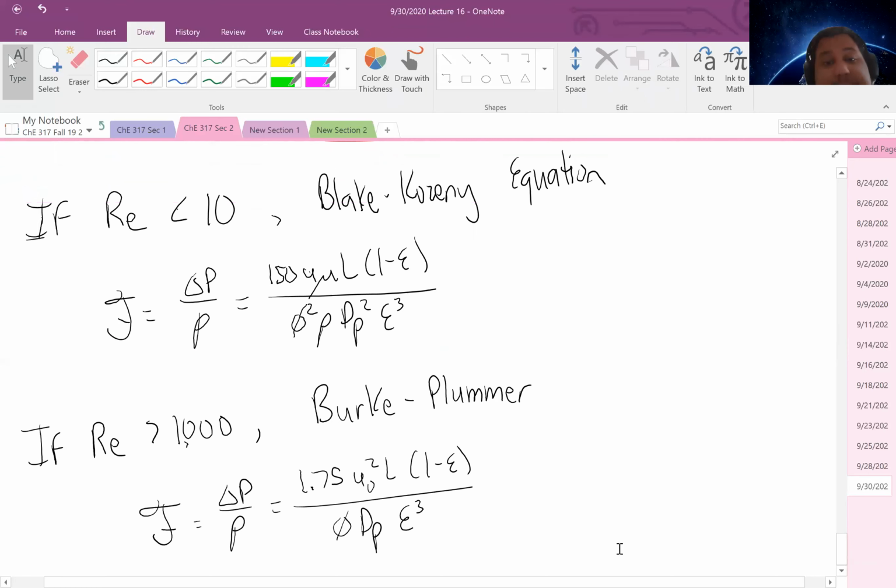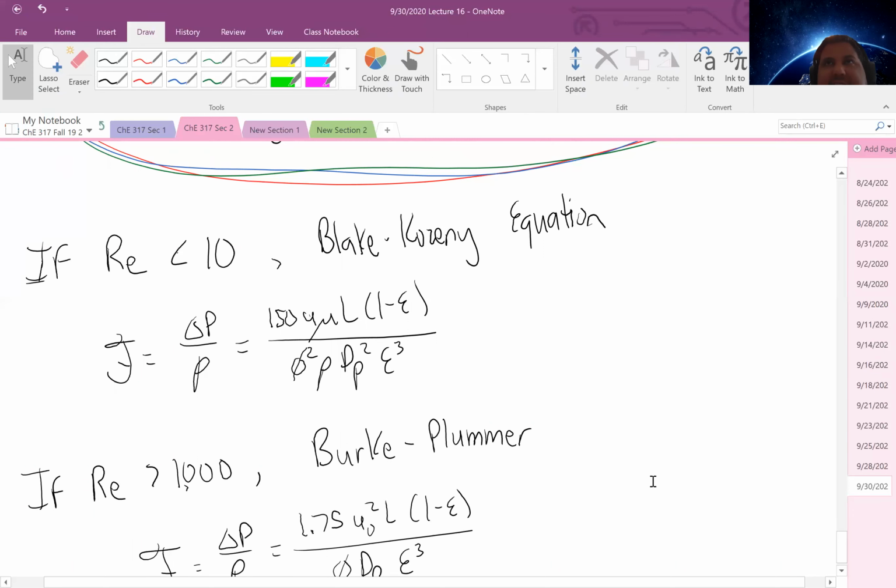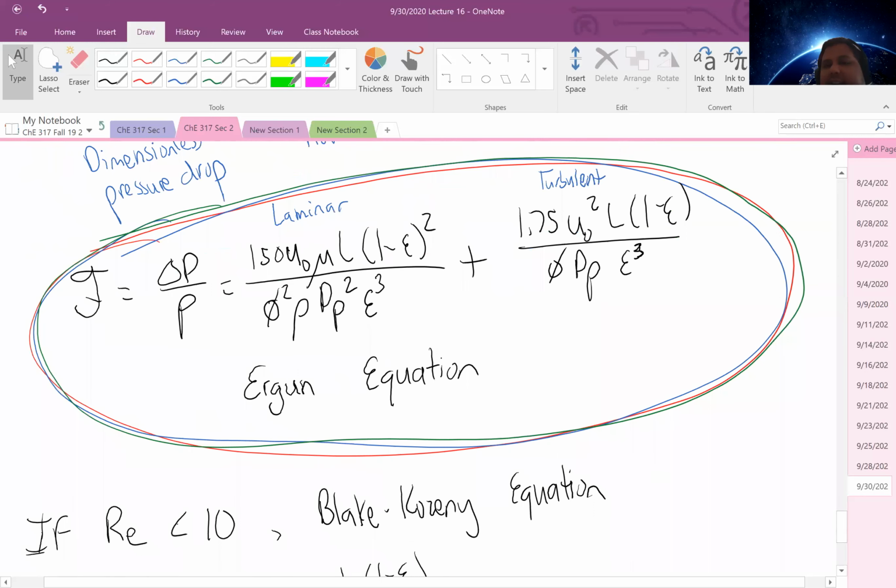And so these simplifications state that for sufficiently laminar and sufficiently fully turbulent systems, we only have to consider one term in the Ergun equation.